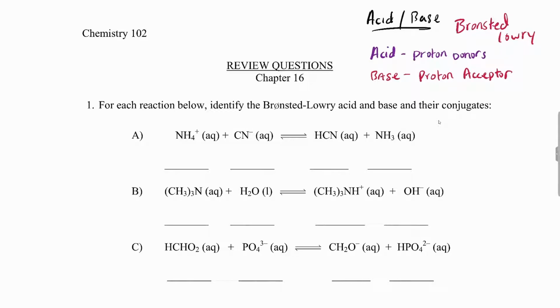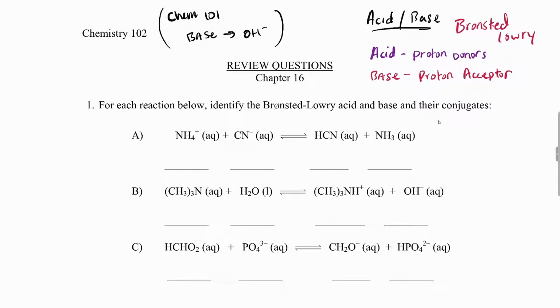But in Chem 101, we used to say that a base was something that produced OH- hydroxide in solution. Our definition has changed quite a bit. Now we're saying it's something that accepts protons. This is a slight difference you have to get over.